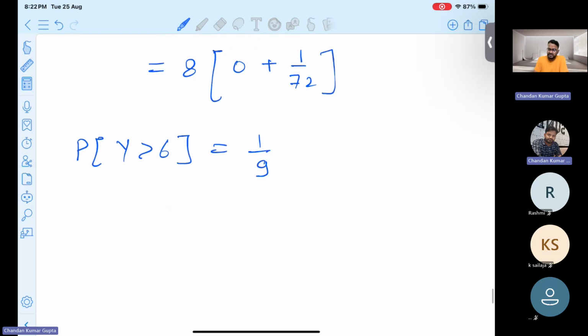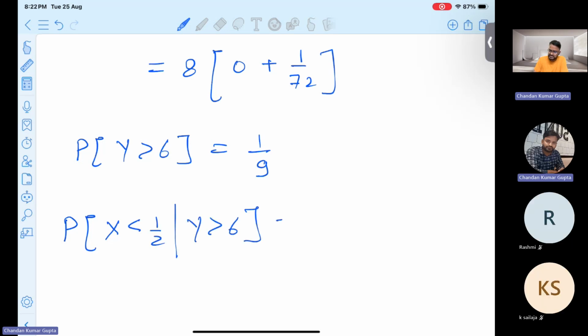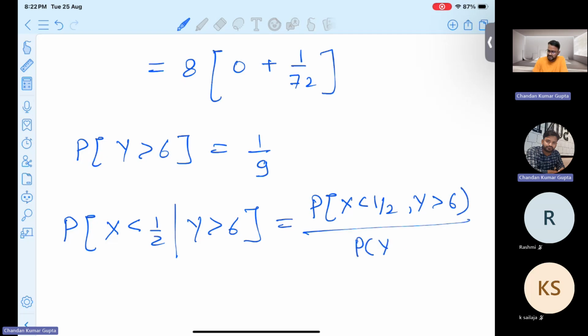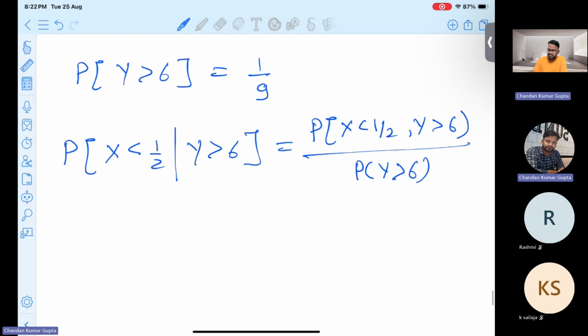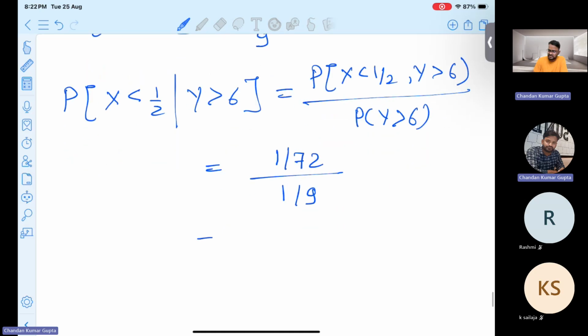Okay. Now the final part: the probability that x is less than half given y is greater than 6 comes out to be the probability that x is less than half and y is greater than 6, divided by the probability that y is greater than 6. Putting the values, the numerator is 1 upon 72, the denominator is 1 upon 9.